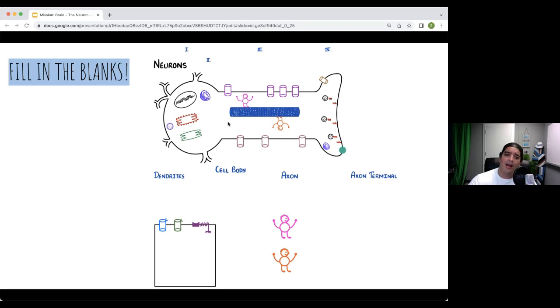It's going to get sent back up to the cell body to maybe get degraded or recycled, whatever it may be. So the axon is going to be transporting different things back and forth. From the cell body down to the axon terminal, we call that anterograde transport. Transporting things from the axon terminal up to the cell body is retrograde transport. And we use these cute little proteins here to do that, and we'll talk about what those are in just a second.